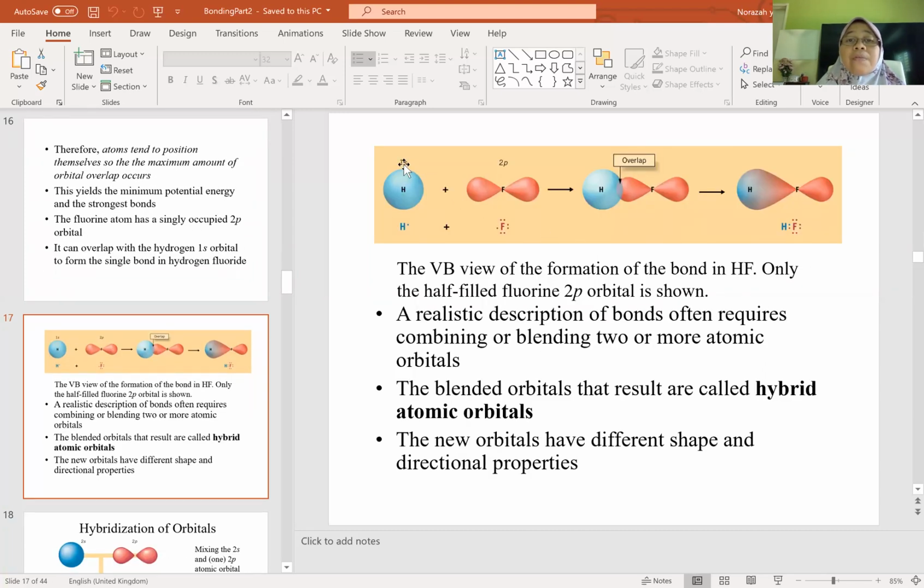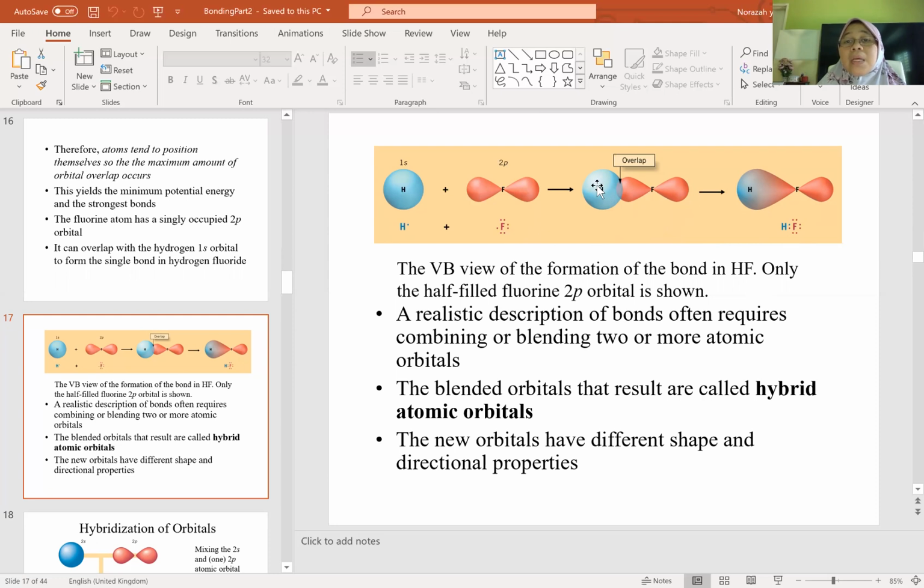For example, you have the 1s orbital from hydrogen. In order to form hydrogen fluoride, HF, you have an electron in the 2p orbital from fluorine, and this will overlap.